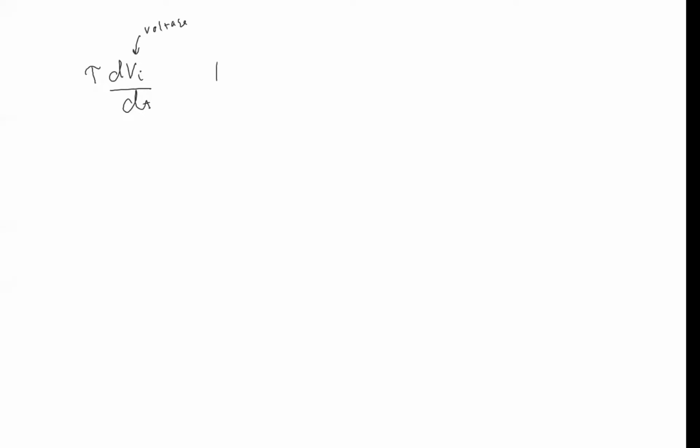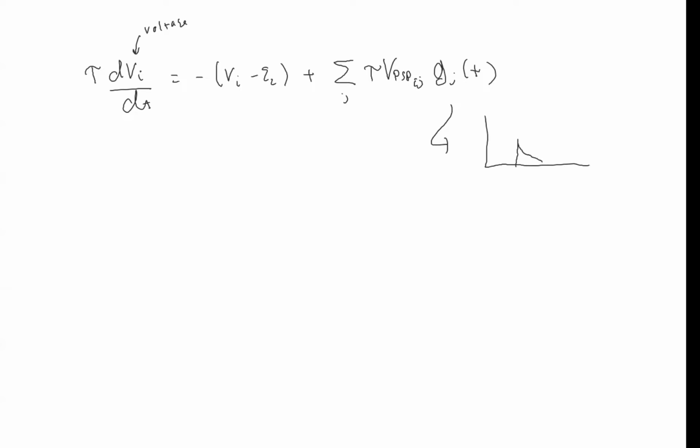Equals minus V_i minus E_leak plus the sum on j, I'm actually going to put tau V_PSP,ij g_j of t. Okay, where g_j of t has this property. So g_j of t jumps up when there's a spike. And we chose g_j of t so that area equals 1.